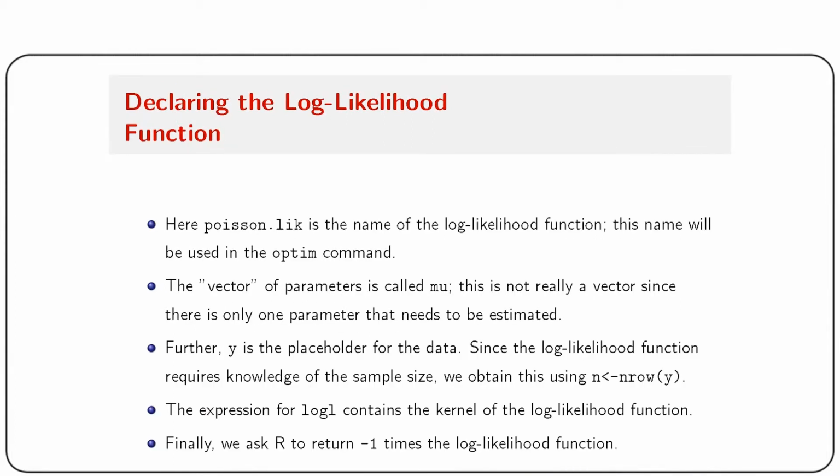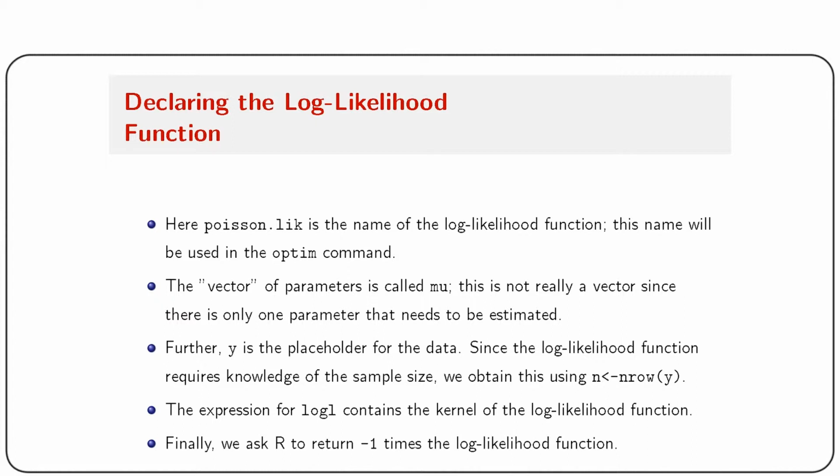Poisson.lik is the name of the log likelihood function, and this name will be used in the optim command, as I mentioned, and the vector of parameters is called mu. This is not really a vector, since there is only one parameter that needs to be estimated here. Further, y is the placeholder for the data.